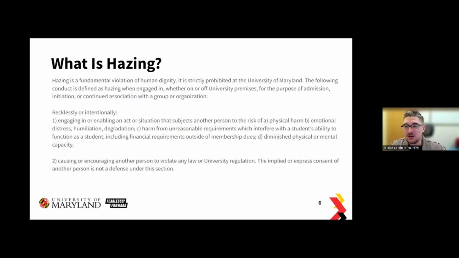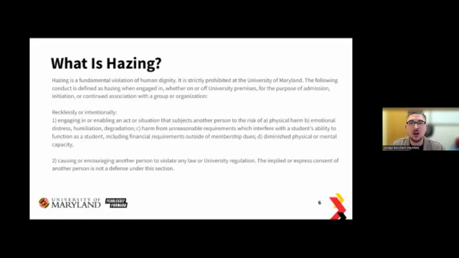And then finally, right, the implied or express consent of another person is not a defense under this section. So I'll say that again. The implied or express consent of another person is not a defense under this section. So even if a student decided, yeah, I would be interested in participating in something that could be considered hazing, that's not a defense for us to hold a group or members accountable for hazing.